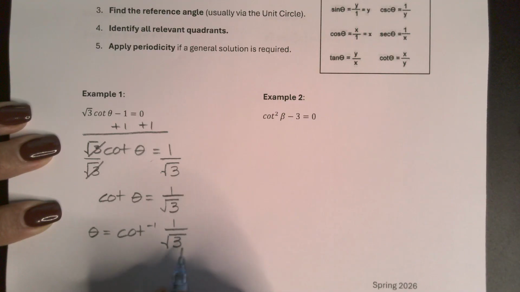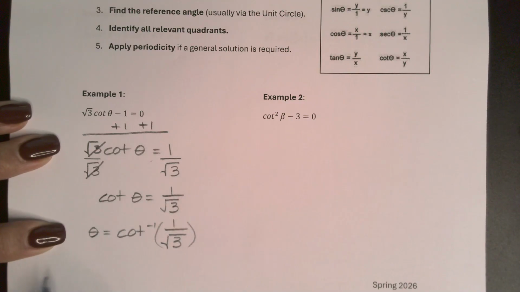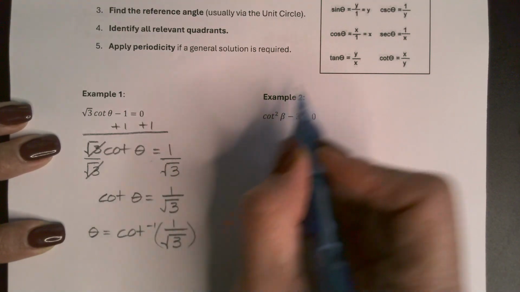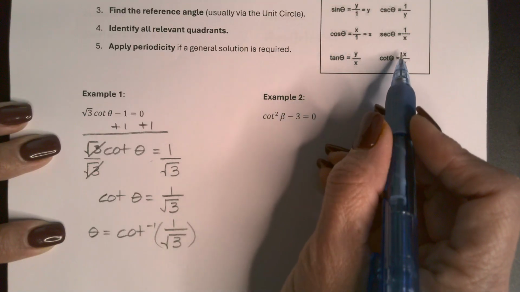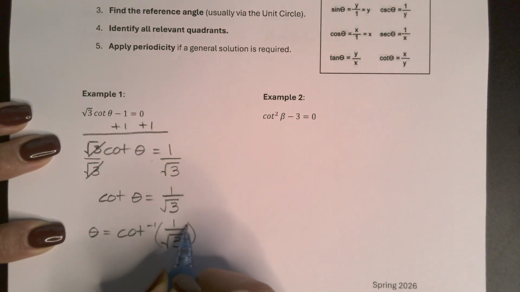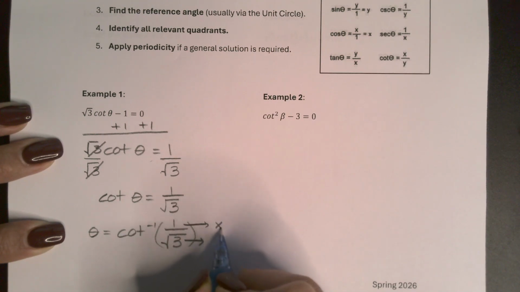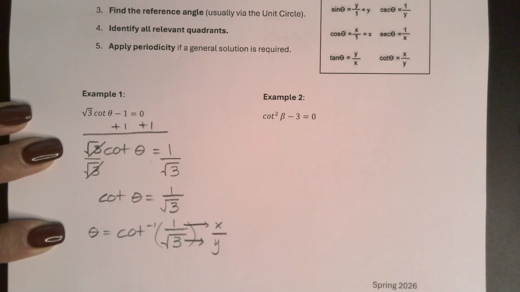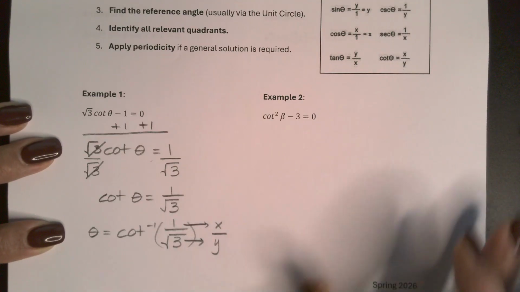All right. And that just means that we're going to go look for that angle that satisfies this. Now, cotangent, we know, is x over y. So I'm just going to look to figure out how this ratio here, x over y, can help me find my answer on the unit circle.